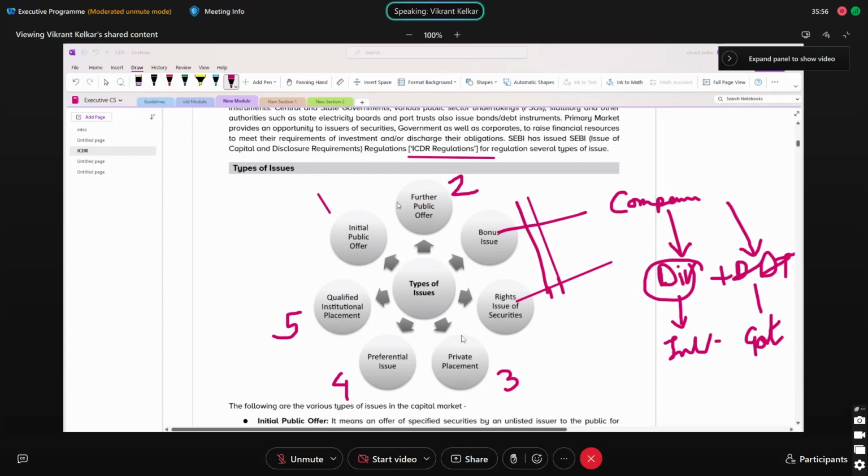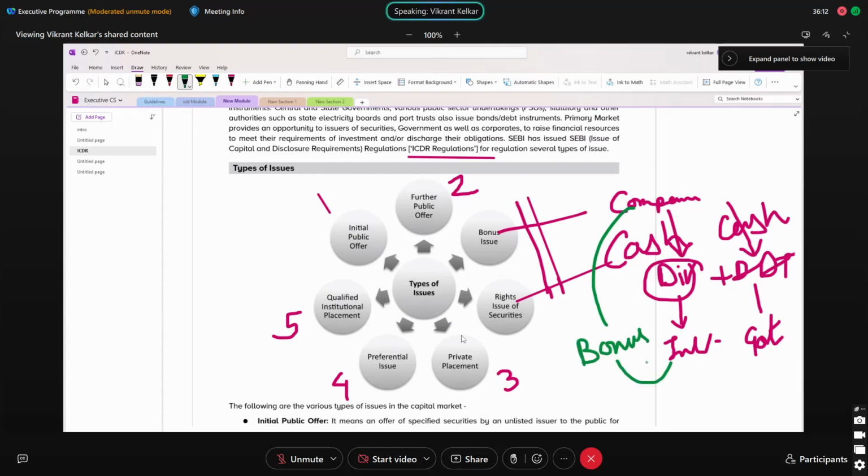Whether that is problematic for the company? Yes, so in such a case, instead of giving cash as dividend and paying cash as dividend distribution tax, the company ignores this route and pays bonus shares to whom? Again the investors. Are you getting the point? So bonus shares means cash में profit देना या paper पे profit देना.